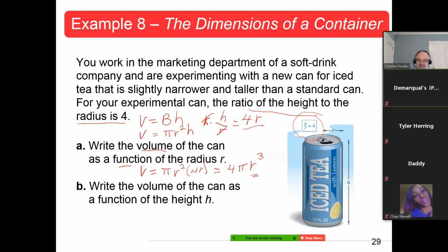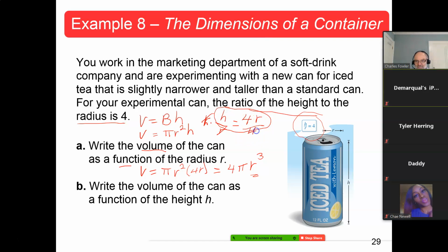Now, the second one said, write the same volume of the can as a function of height alone. Well, now we don't want radius in the picture. We don't want r here, we want h. So let's take this equation we just came up with and solve for r.